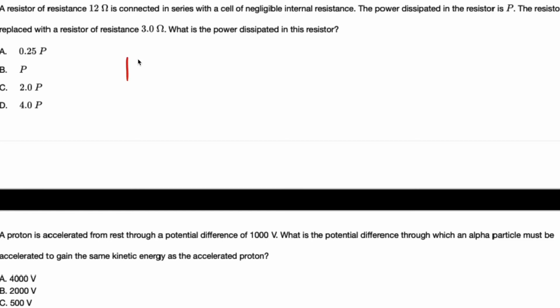So from 12 ohms to 3 ohms, the resistance is divided by 4, which means the current is going to be multiplied by 4.